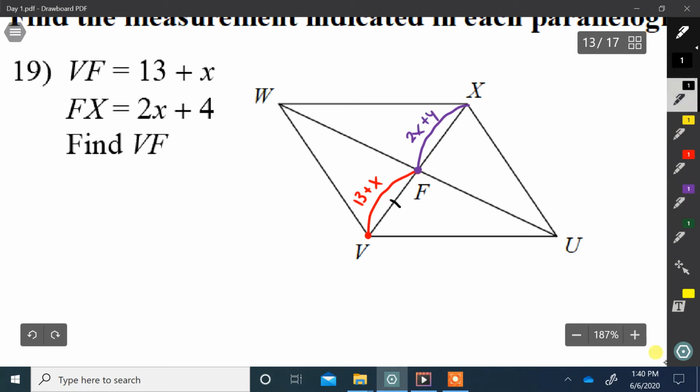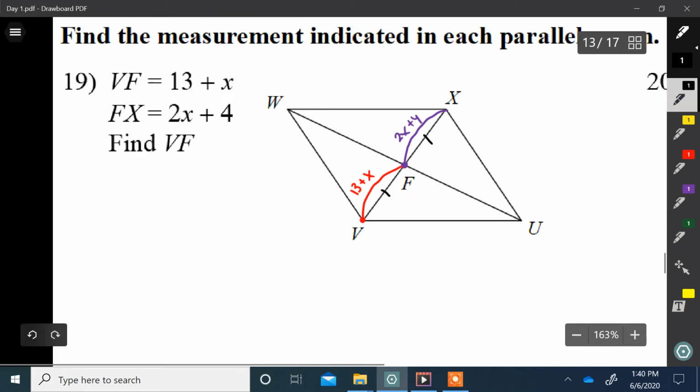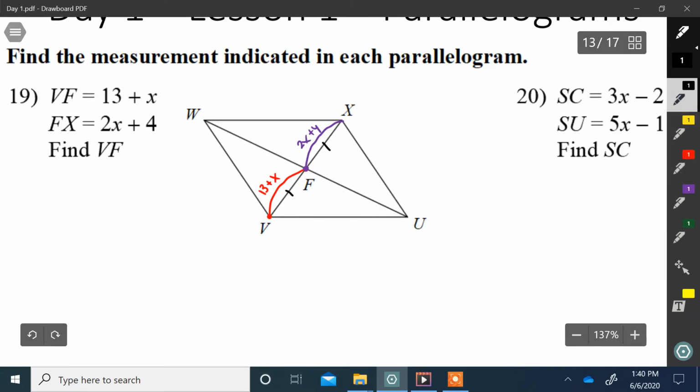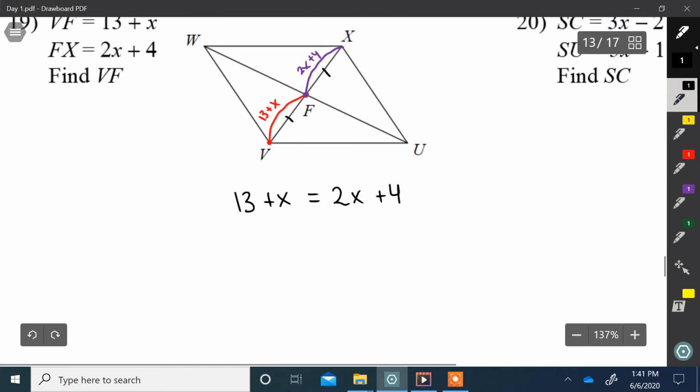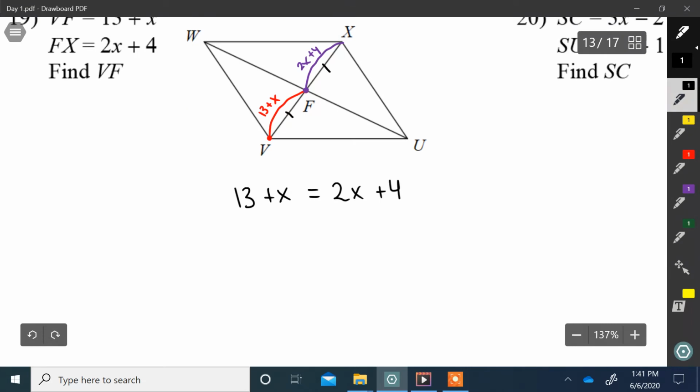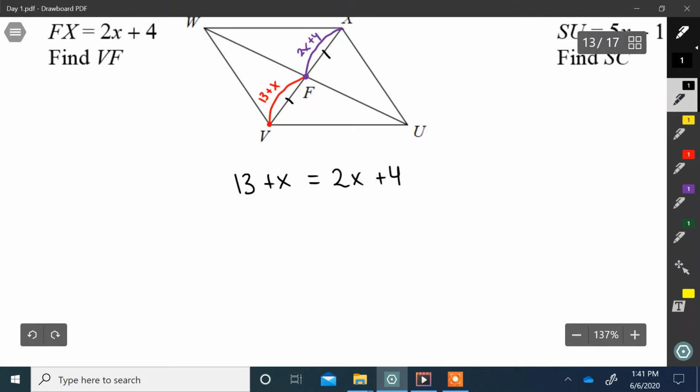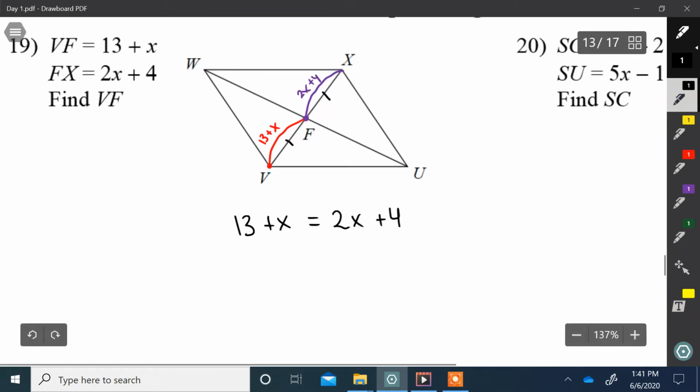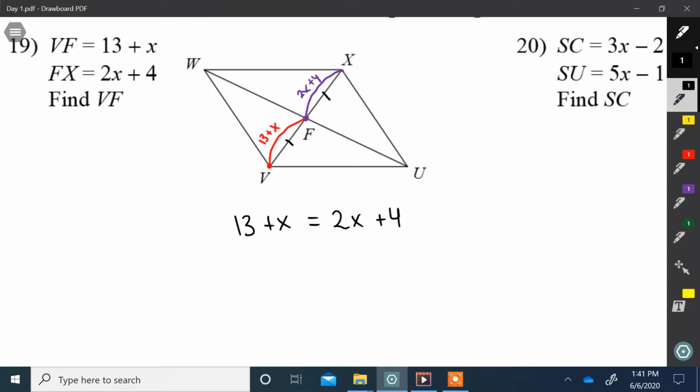You will realize that this is congruent to that. So we have 13 plus x is equal to 2x plus 4. Usually I will have you guys do this on your own, but I guess we can't do that right now.